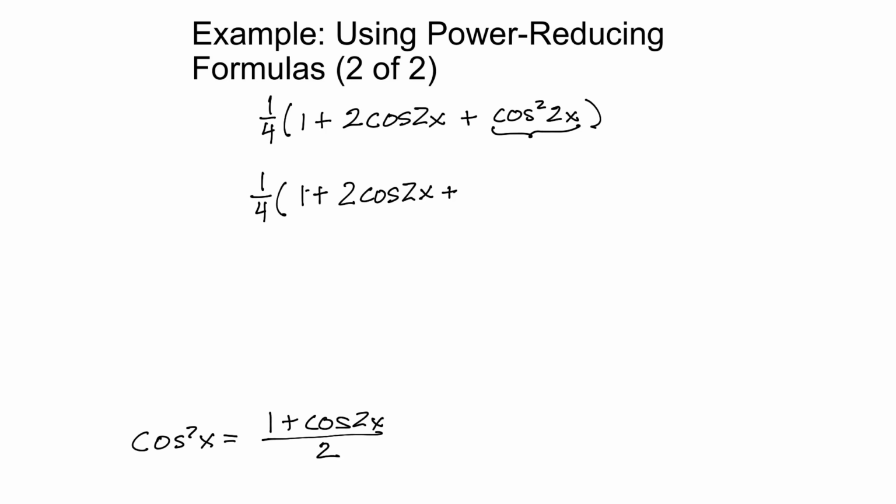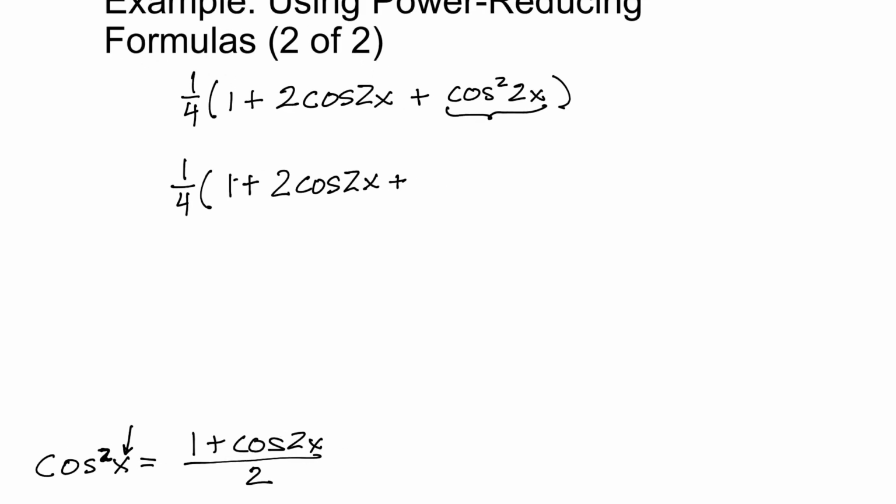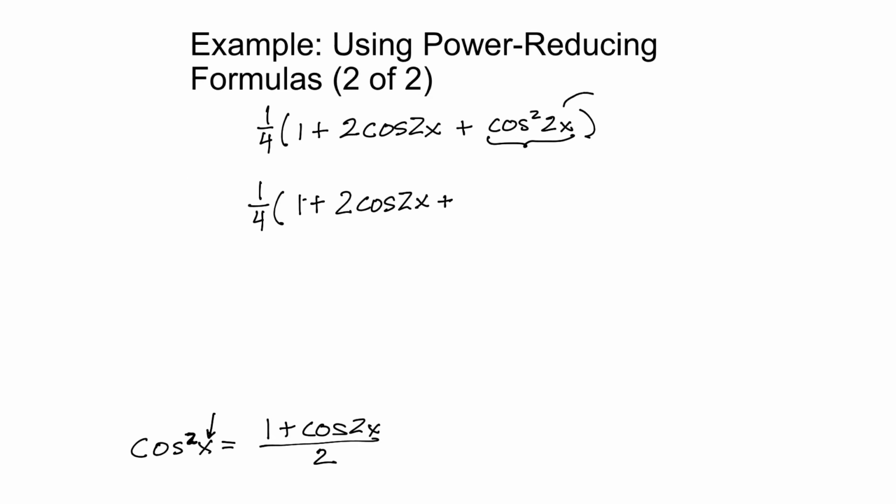So notice that this part here is just a single x. What I have up here is a 2x. We can still apply this formula. Just keep in mind that this angle is turned into 2x up here.